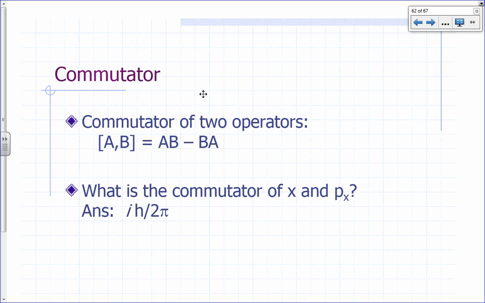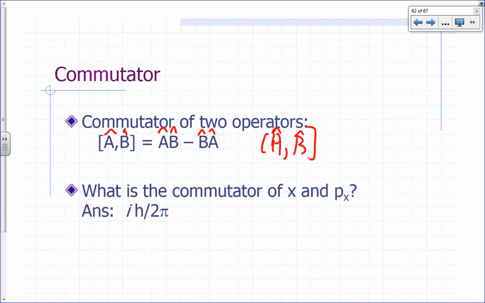Okay, so last time we started talking about commutators, and what we said was the commutator of two operators A and B is just an operator that takes the difference in the result of doing the operations B first and then A first before B. So the commutator is just another operator.